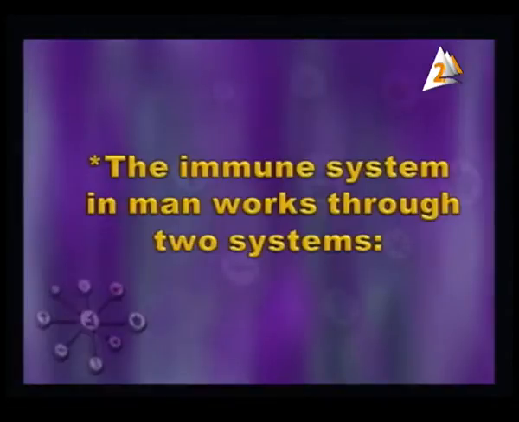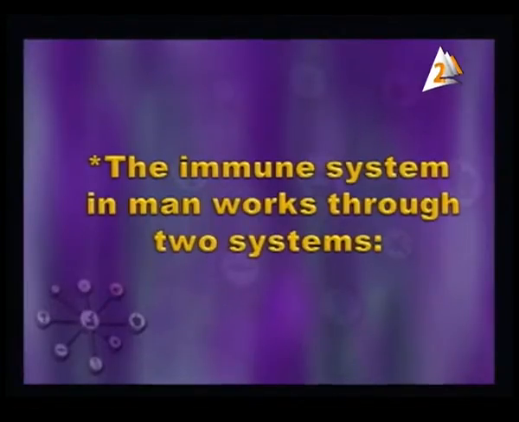We knew the components of the lymphatic system: the lymphocytes, the white blood cells, macrophages, assisting chemicals, and many other things. And finally, the antibodies. And after that, what is immunity, or the immune system in man, and how does it work? Immune system mechanism in man.